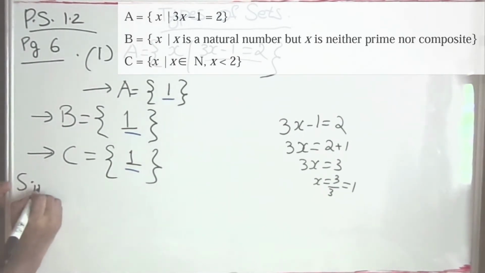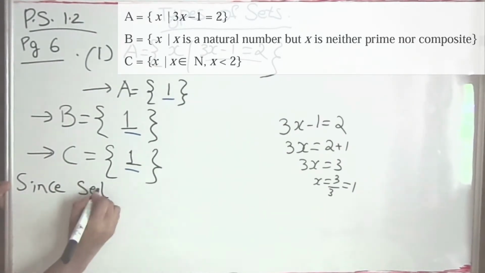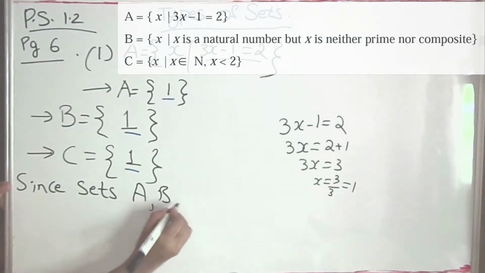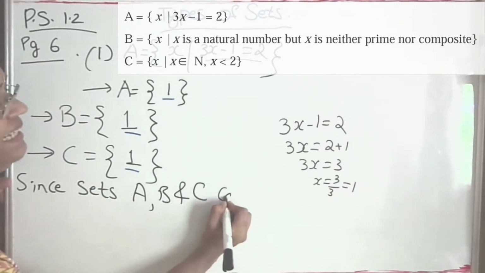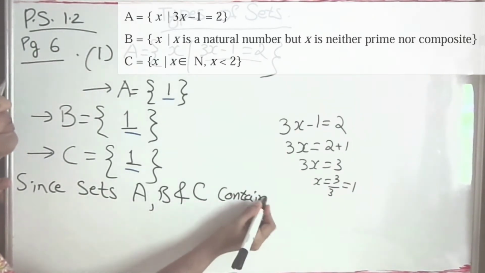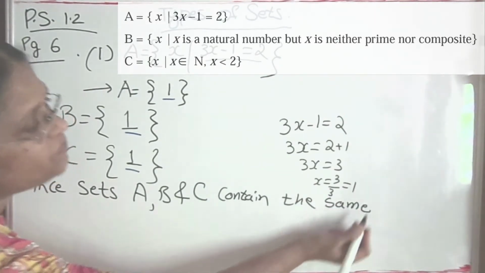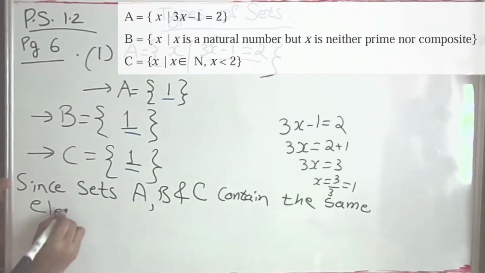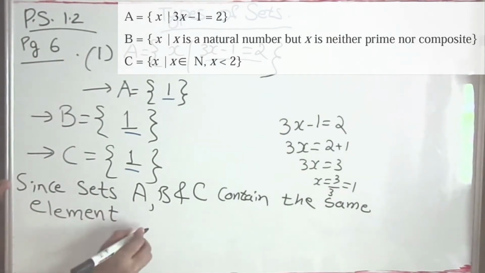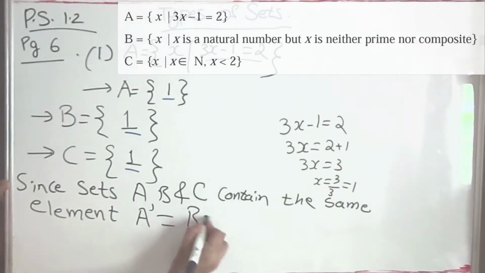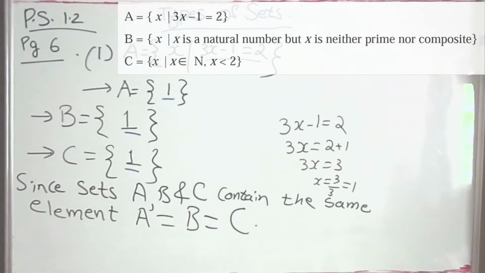So you can write down like this: since sets A, B and C contain the same element, A is equal to B is equal to C. Is that clear? Okay.